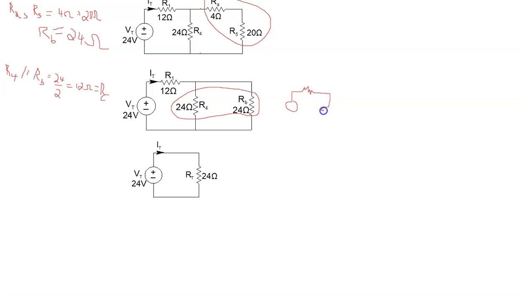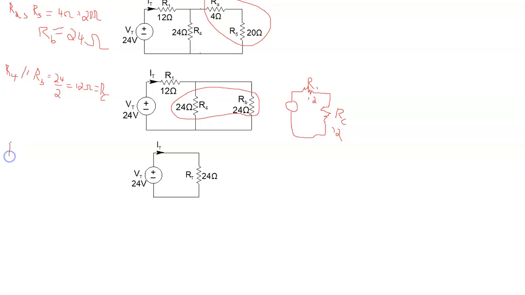R1, and you can see now why I redrew them before I started this. We should be showing R1 in series with RC, I think is our issue. RC there is 12, and R1 over there is 12, and those two are in series.